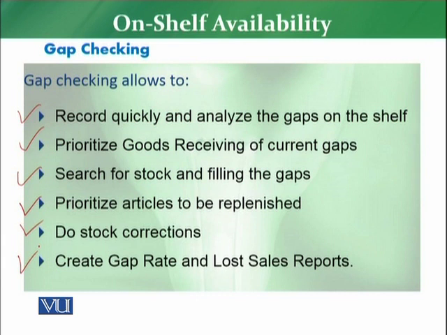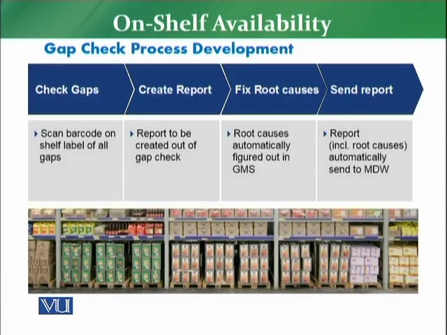If the product had been available at that time, of course you would have generated a certain amount of sales. So it will help in increasing sales if you fill that particular gap, and if you ensure that gap check is properly followed and the gap rate is reducing, ultimately you will get more business out of it.